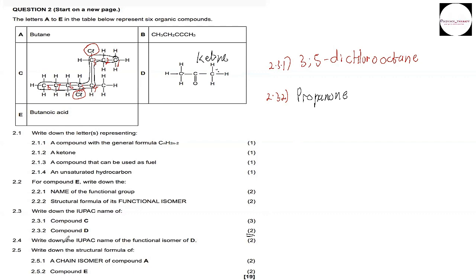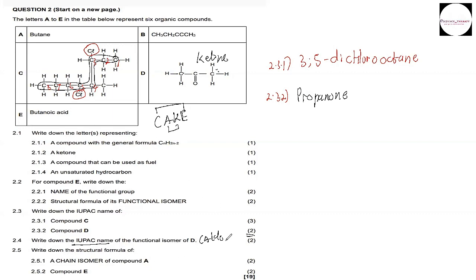Then 2.4, write down the IUPAC name of the functional isomer of D. Now the functional isomer of a ketone, we know that it is an aldehyde. According to the rule, the functional isomer of a carboxylic acid is an ester, and the functional isomer of an aldehyde is a ketone.